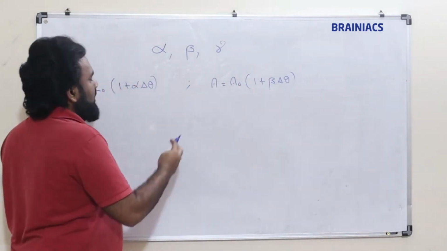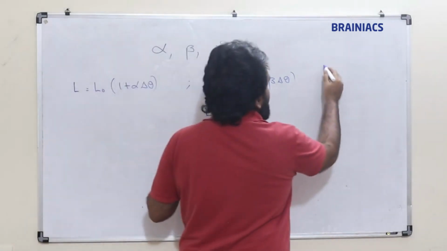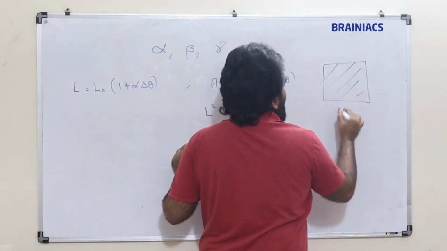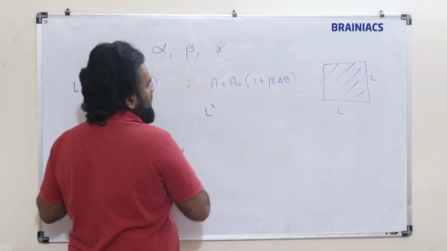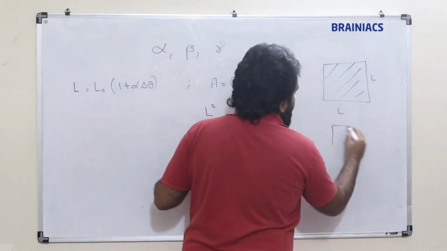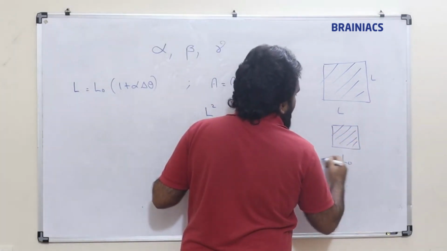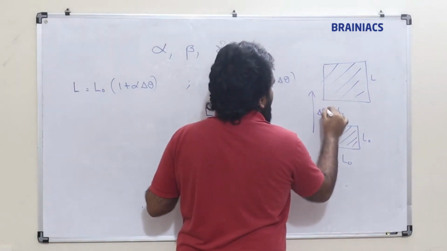Now let us see. Can I put the final area as L square? Suppose we consider a square plate of length L, so the area is L square. Previously its area was A naught, with side L naught. We increase the temperature by delta theta.